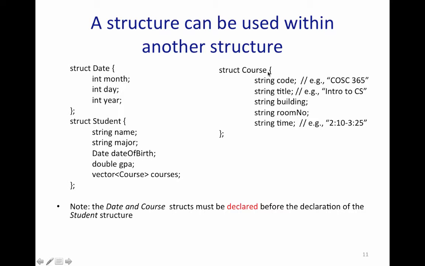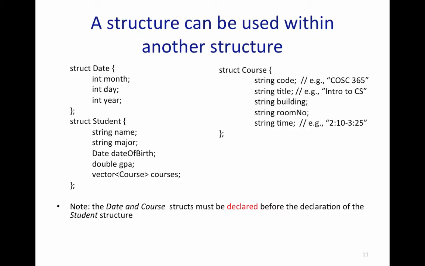And it makes sense to organize information about a course into a record, such as the course code, the title, the building, the room number, the time. So we can nest. Here we have date of birth, which is a date, and we have a vector of courses, both nested within a student struct.